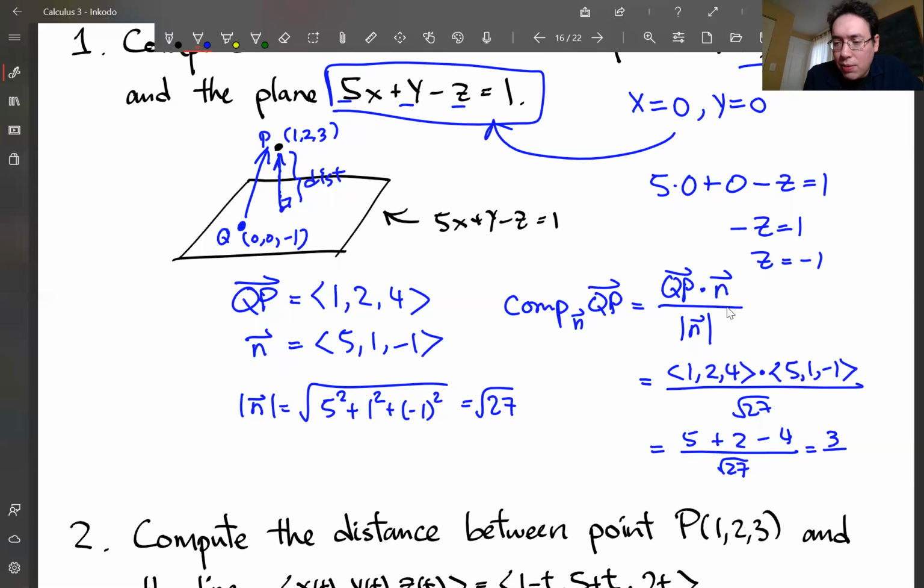So 3 over root 27. And I guess I could simplify this further. Square root of 27 is, well, 27 is 3 times 9, and 9 is 3 squared. So I could pull 3 out of the square root and cancel it at the top.